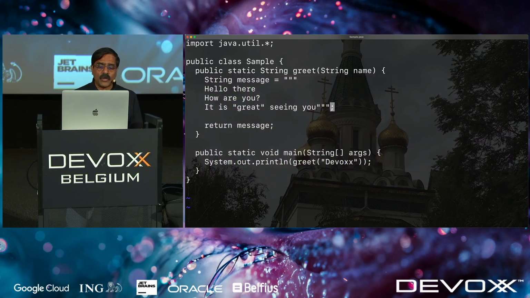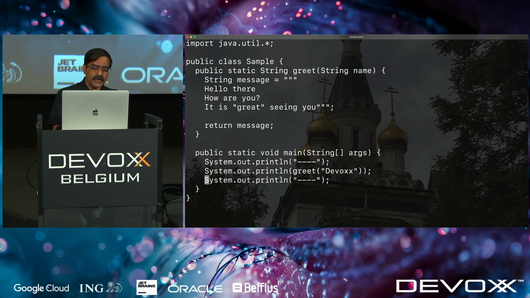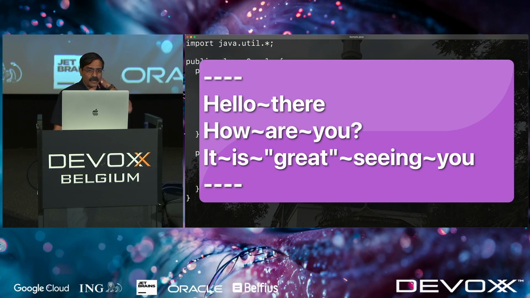Now, what is really cool about a text block is that it's highly intuitive. So when you look at this code, let's go ahead and output a few dashes right there so we can see it. And then I'm going to also do replaceAll, and I'm going to replace all of the spaces with a tilde so we can clearly see where those appear.